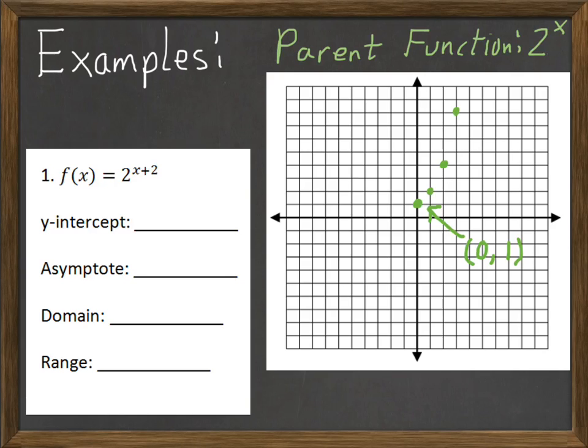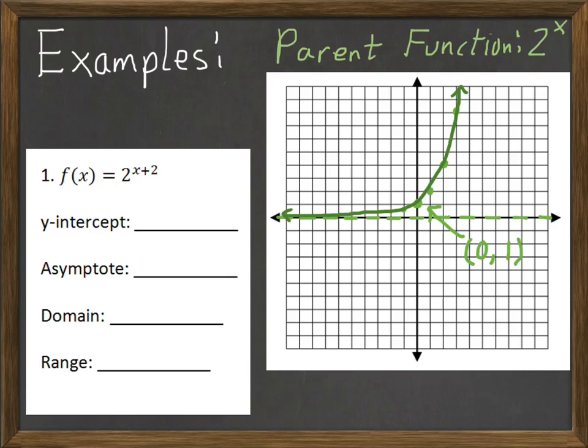Going back the other way, I'd be dividing by 2, so I would have a half. The asymptote for the exponential function is the x-axis, or y equals 0. This is true for pretty much all exponential functions before you transform them. So then I can trace the general shape of the graph. There's our parent function.